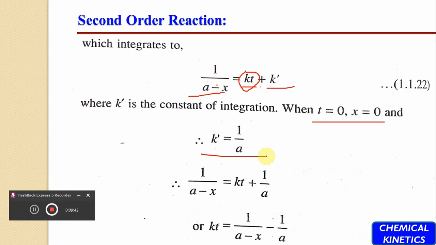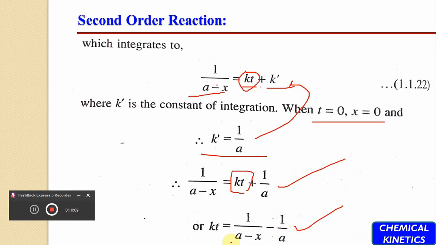Therefore k prime, the constant of integration, will be equal to 1 upon a, and we put this k prime in the equation. We get 1 upon a minus x equal to k into t plus 1 upon a, and we can write the equation for k into t by transferring this to one side: 1 upon a minus x minus 1 upon a.